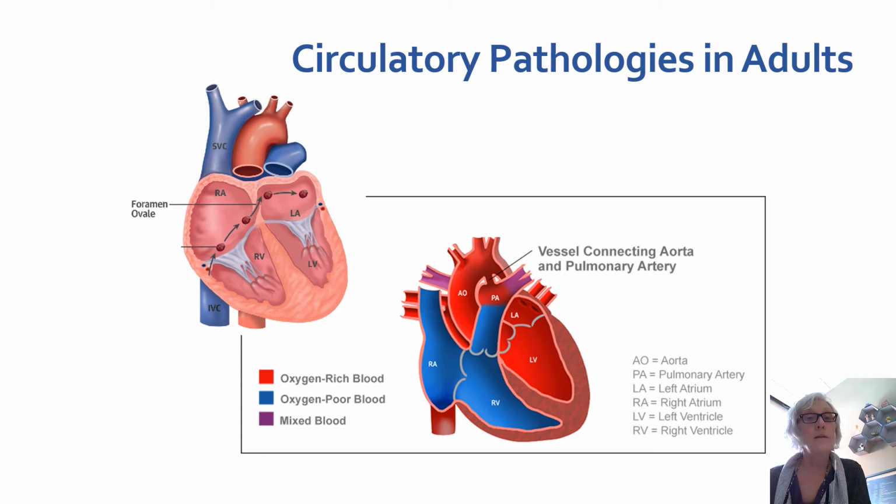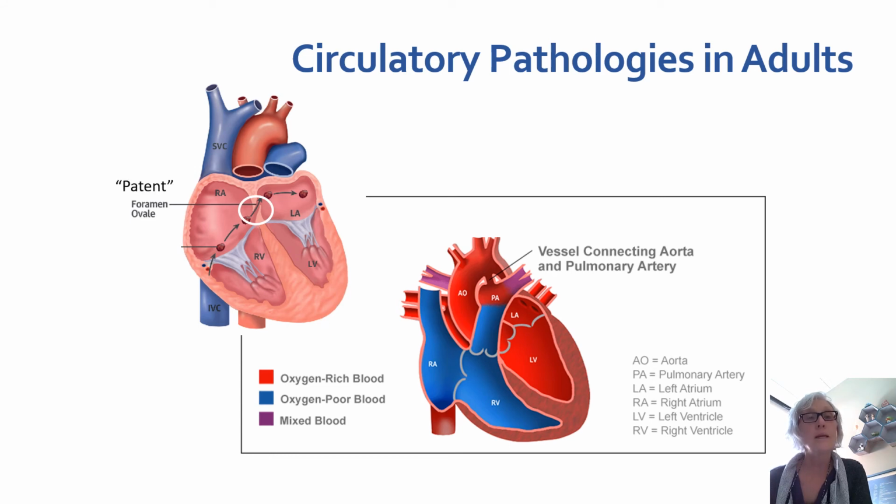So on the left side, we see a sort of increased size image of a heart with an open foramen ovale. Blood moves again in the right atrium and can completely bypass the right ventricle by moving through the foramen ovale into the left atrium. Sometimes this foramen ovale remains open, doesn't close fully when a baby is born.